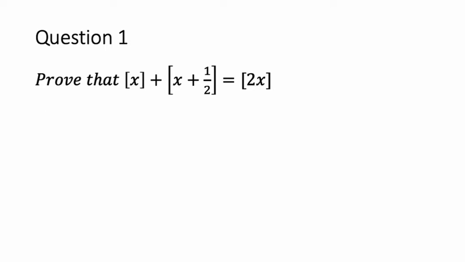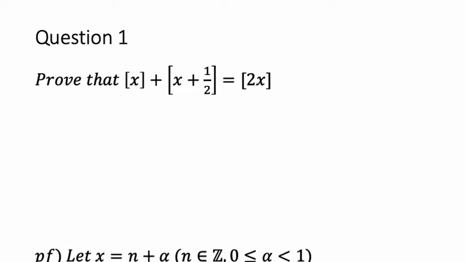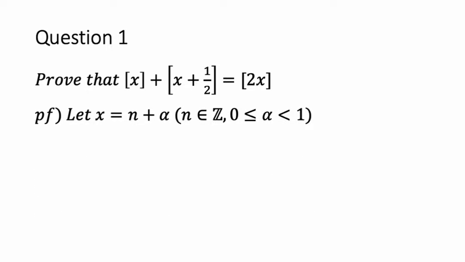So let's now look at our question 1. It asks to prove that the function of x plus the function of x plus 1/2 will be equal to the function of 2x. To prove this, we'll need to use our first property. Then the only thing we can do is put the question into different sections and solve for it.